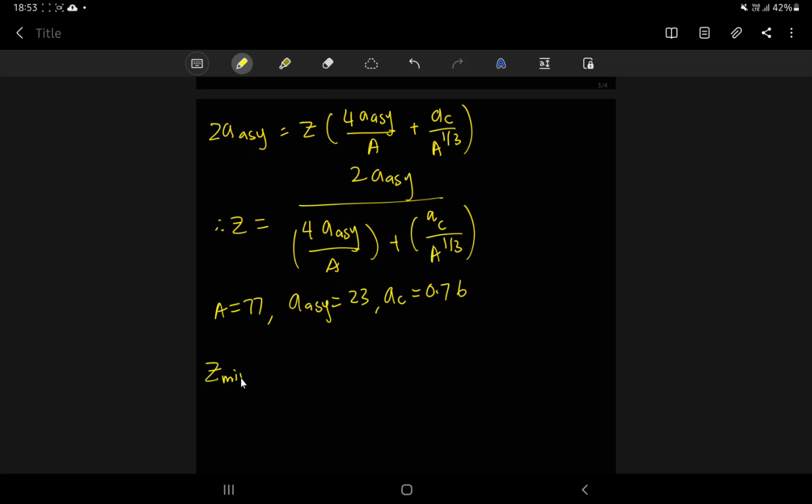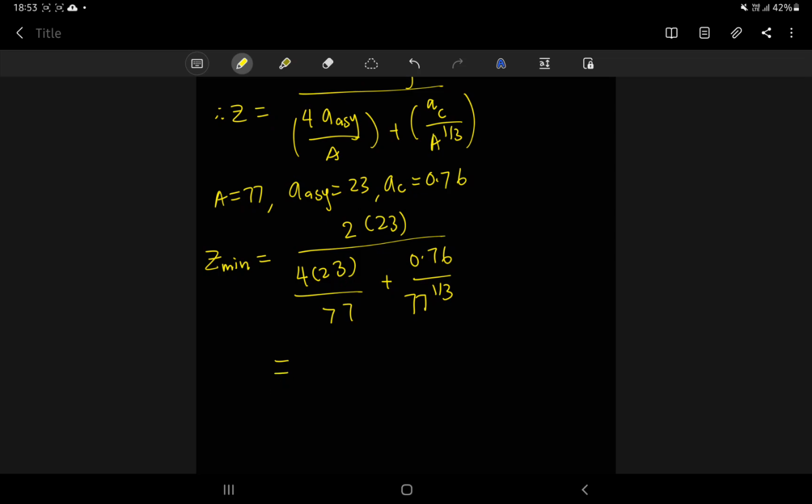So Z minimum is 2 times 23 divided by (4 times 23 divided by A, which is 77, plus 0.76 times 77 to the power of 1/3).